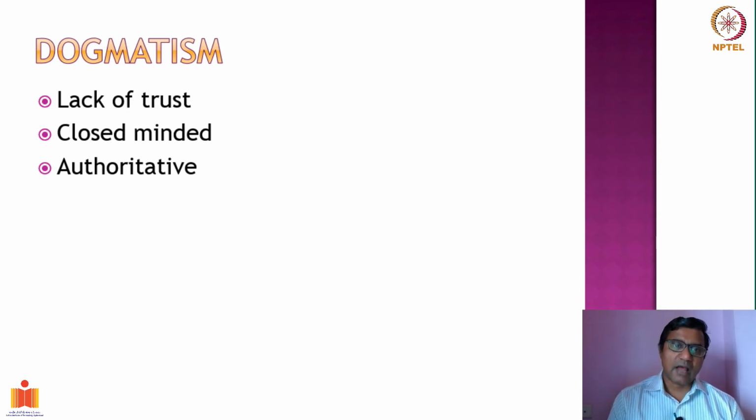People who are very high in dogmatism don't trust others easily. They are very close-minded. They are very authoritative. They like authority. They like to dominate others. They like to influence others in their decision making. They don't give freedom to their subordinates, and they are very resistant to change and things like that.